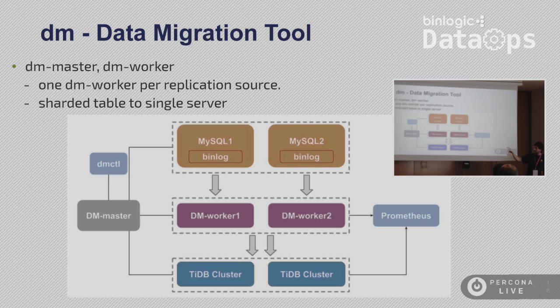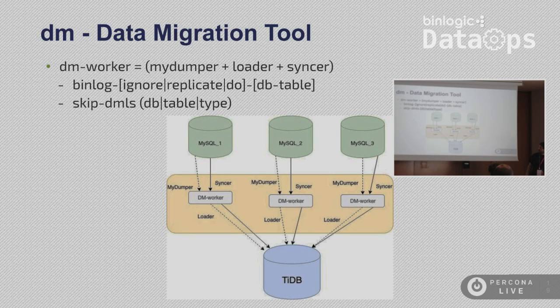Both components expose interfaces to talk to Prometheus, so you can monitor and keep statistics. Finally, the last tool in this group is dmctl, the data migration control, which is a client to connect to Data Migration and control operations like start, stop, or whatever you do with the replication.